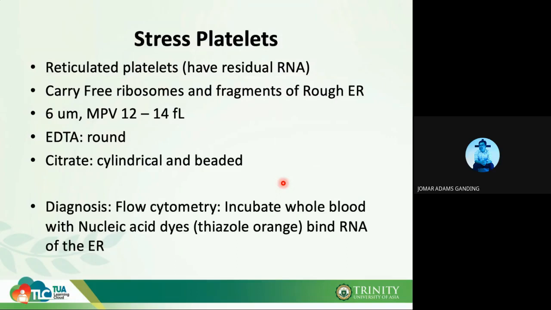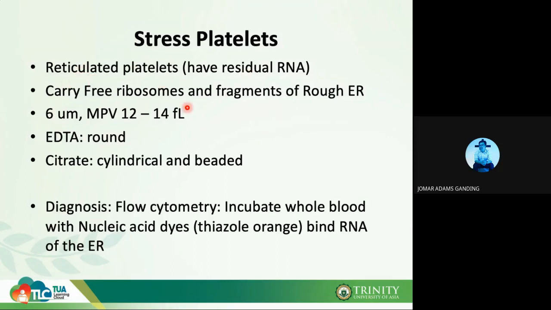The first thing that you would do is to incubate the whole blood with your nucleic acid dye, which is thiazole orange, and it would bind to the RNA found on your endoplasmic reticulum. Remember that your endoplasmic reticulum is seen in your stress platelet.